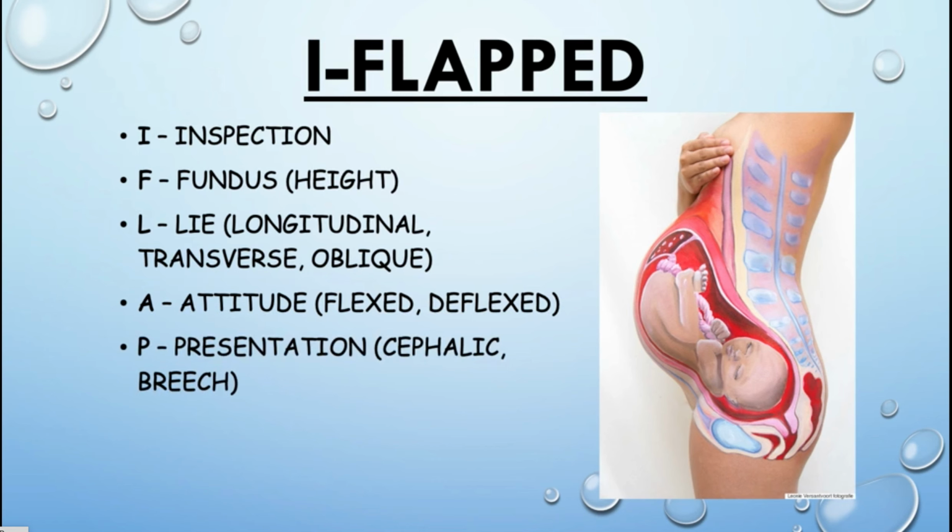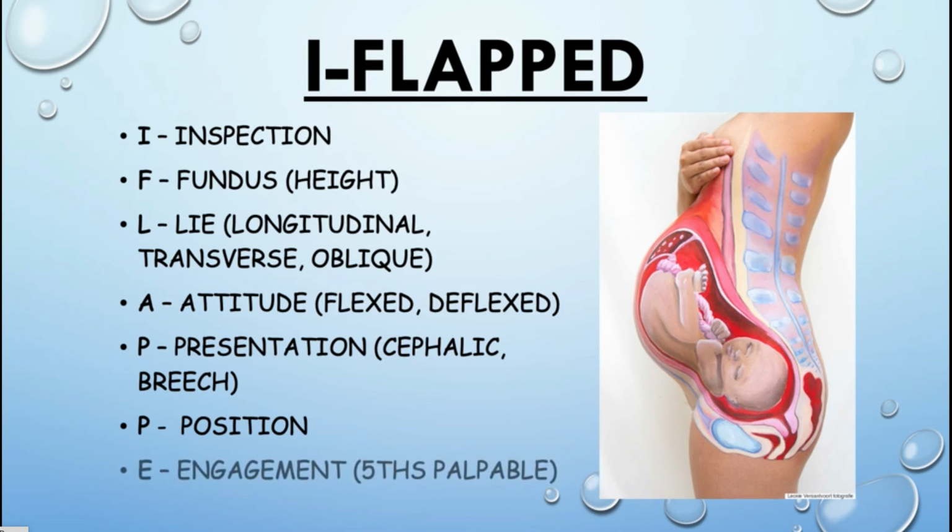Is it cephalic, the head, or breech, the buttocks? Position. Is that baby's back anterior or posterior? To the right, to the left? And engagement. How much of that baby's head is engaged into the pelvis? How many fifths are we able to feel?